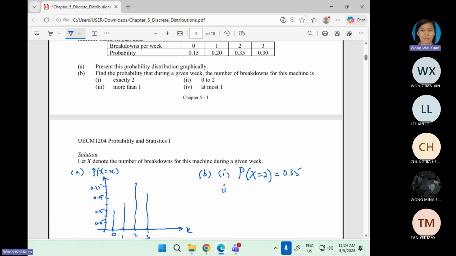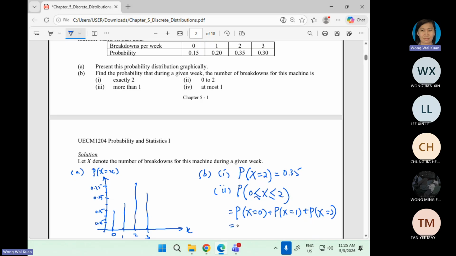Then what about at most 2, that is, from 0 to 2? From 0 to 2 includes 0 and 2, right? This is from 0 to 2 with equal sign. 0 to 2 is X equals 0 plus X equals 1 plus X equals 2.